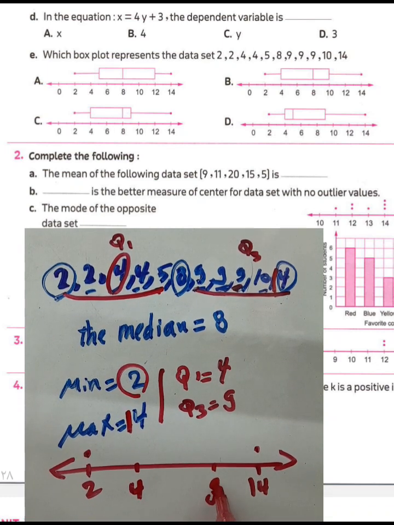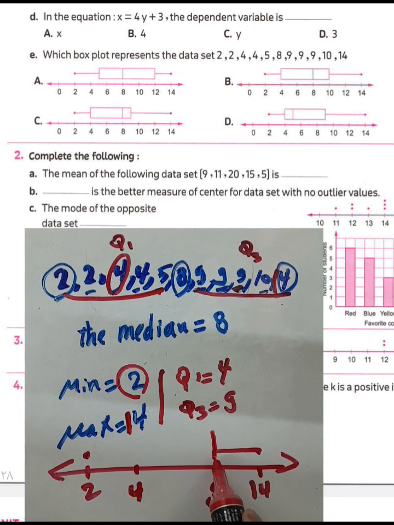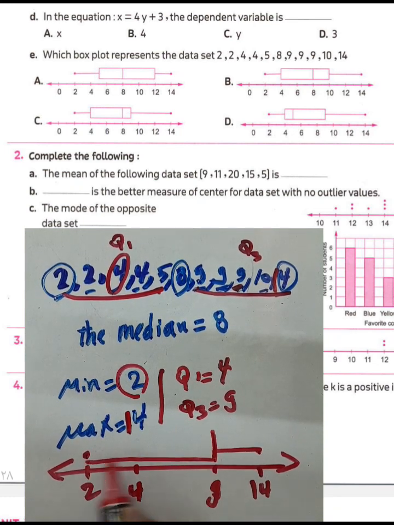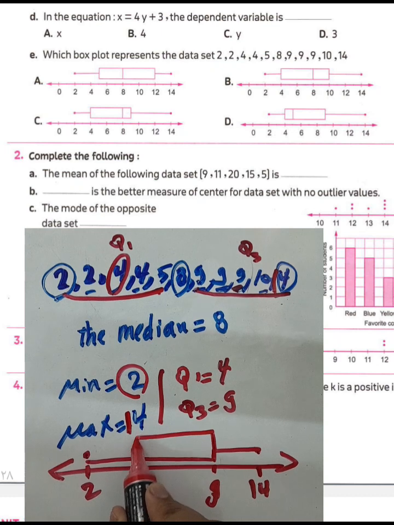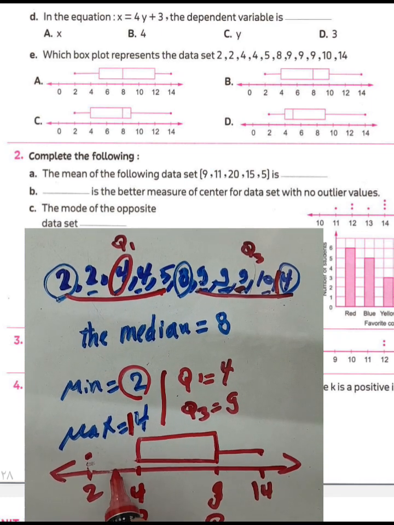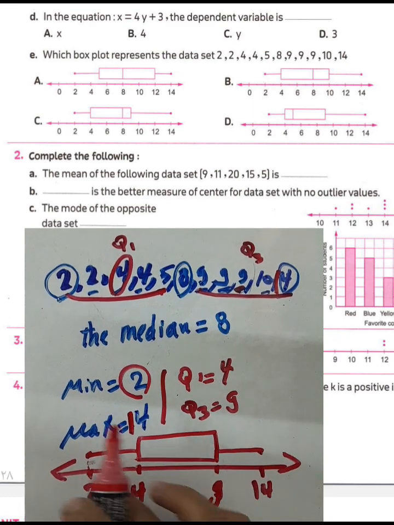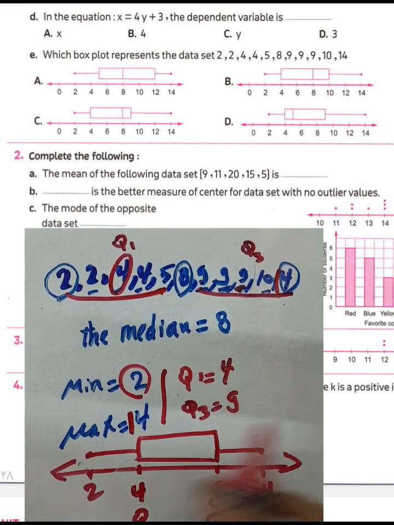Okay, and then draw this box here from 2 to 4, from 4 to 9, because this is quarter 1, and here quarter 3, and join this number line from 2 and 14, the minimum and the maximum.